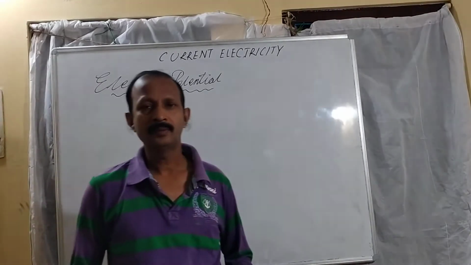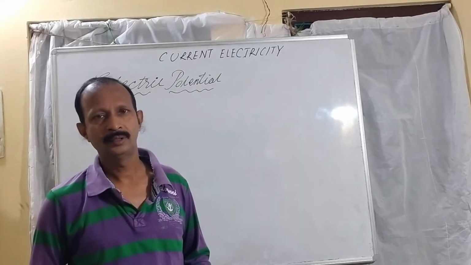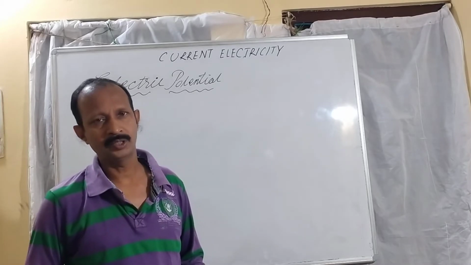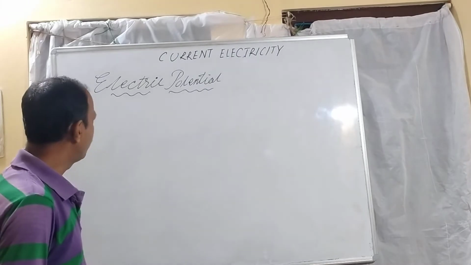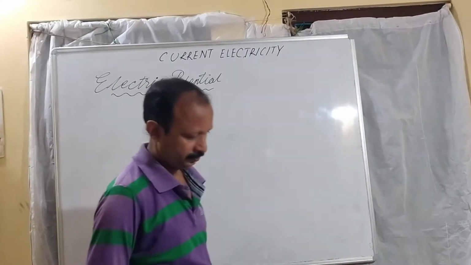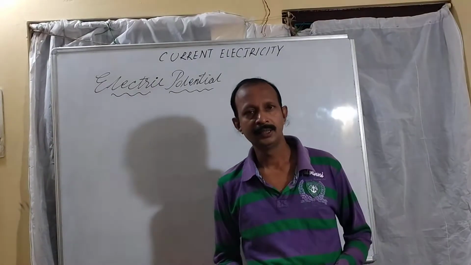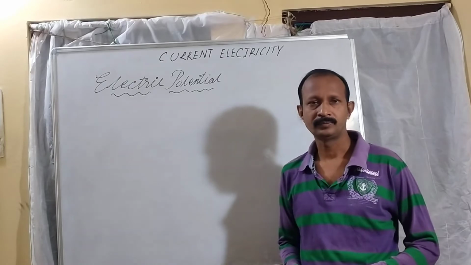In the previous video, I explained the electric charge and drift velocity. Today in this video, I am going to explain one of the key concepts of current electricity, that is electric potential.